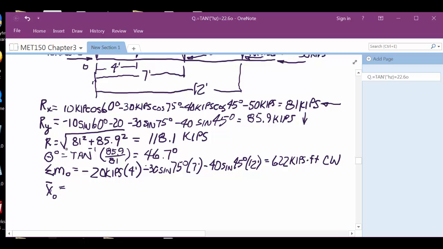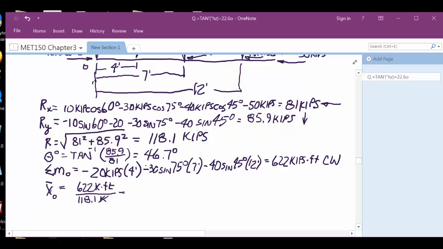Okay, so then we know we take the moment, 622 kips feet, notice they do abbreviate that, divided by 118.1 kips. The kips cancel out.